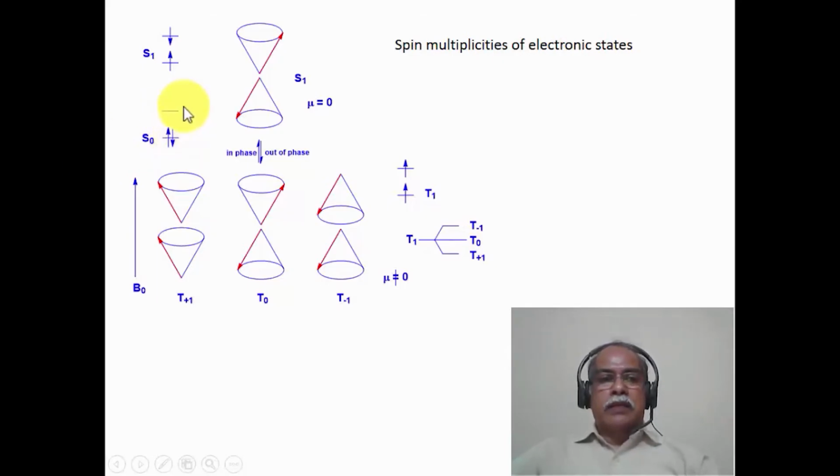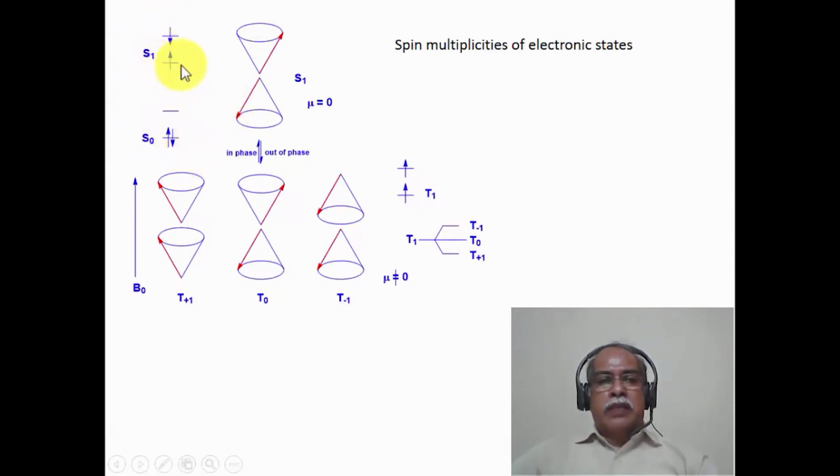Now, during the electronic excitation without change in the spin, the ground state is spin paired, and this excited state is also spin paired. In other words, the spin orientations are in opposite direction. This is the singlet state. So the multiplicity is retained in going from the singlet S0 to the first excited singlet state in the electronic transition that is taking place.